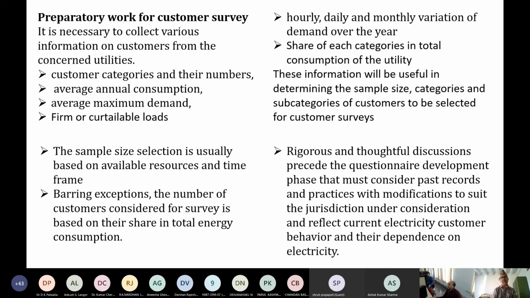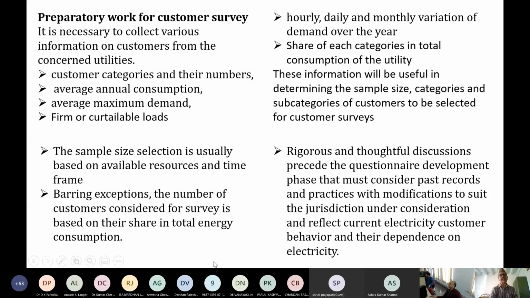So to represent their share in the total energy consumption, the number of industrial customers chosen will be relatively far less than the same category for residential customers.